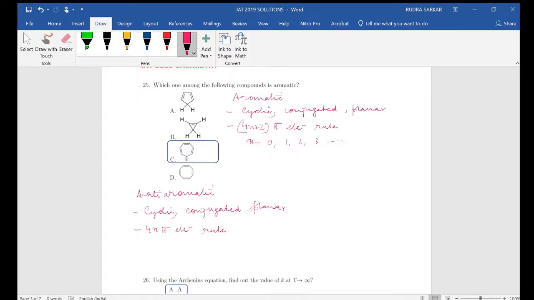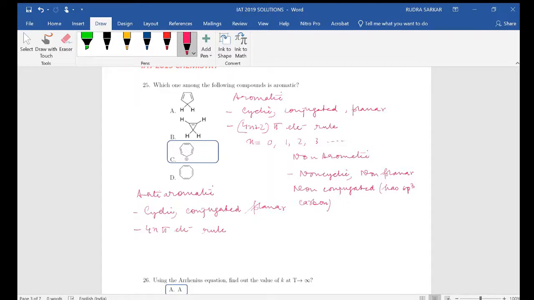Okay, we will be calling systems non-aromatic when any of the conditions are not fulfilled. They are non-cyclic, they are non-planar, non-conjugated, that is, has sp3 carbon.